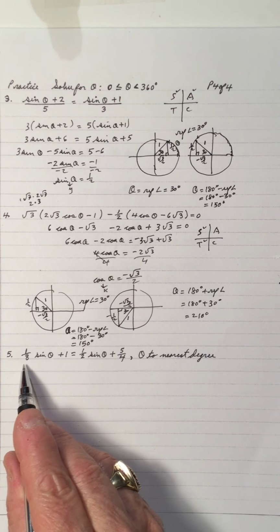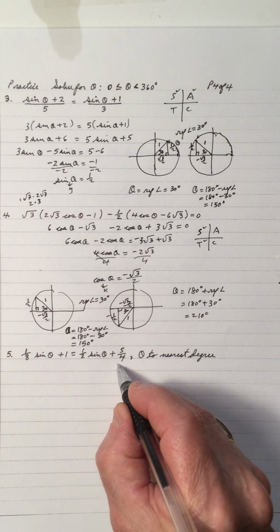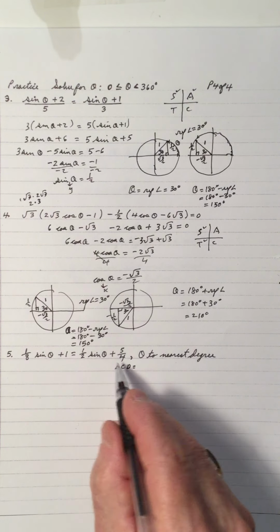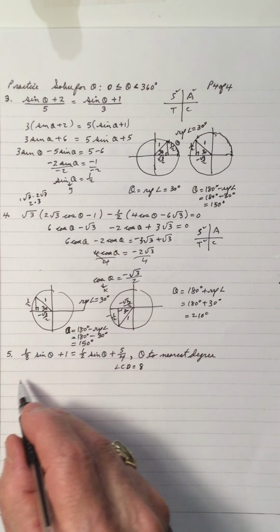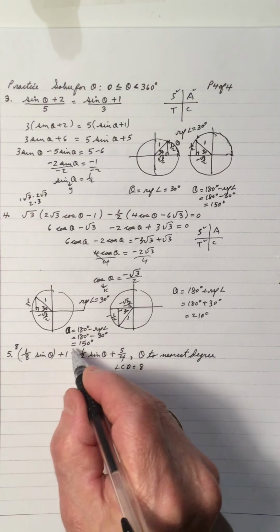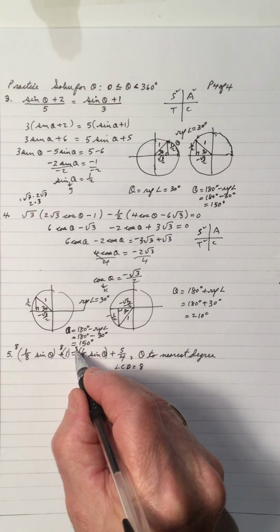What do I do when I have an equation with fractions? I find the LCD. The LCD of 8, 2, and 4 is 8. So I multiply every one of these by 8. I'm going to take a shortcut and multiply them all by 8.